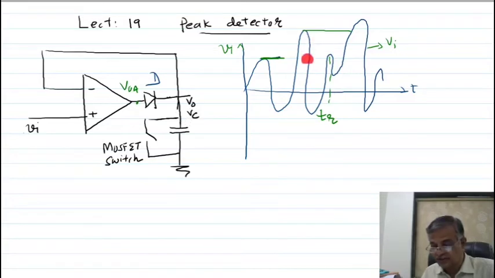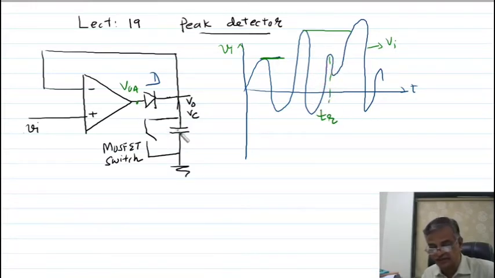Now during the input signal, when the Vi decreases, the capacitor voltage will be greater than Vi. So the diode is in reverse bias, but the capacitor stores the previous voltage. You can see that after some time another peak comes.